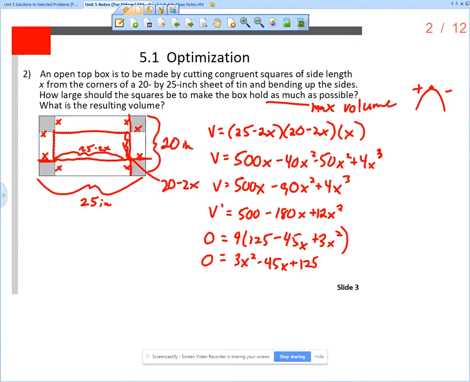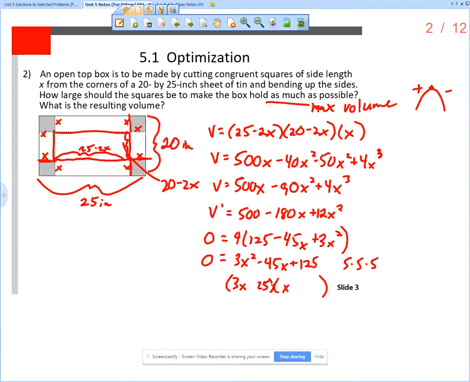Now we want to think about whether or not this thing is factorable, right? So I would have 3x and x. And then I have 125. Well, 125 is 5 times 5 times 5, right? 25 times 5. So we have to think about whether or not this thing would work.